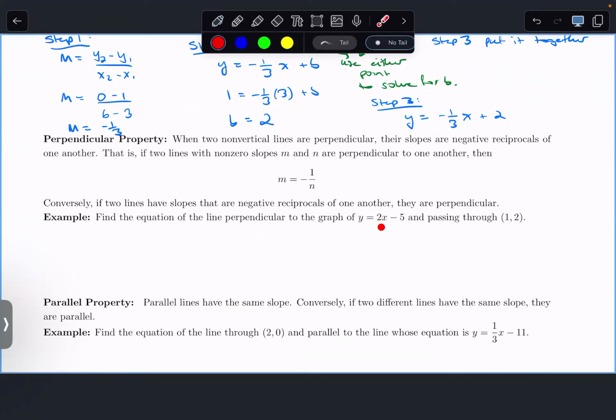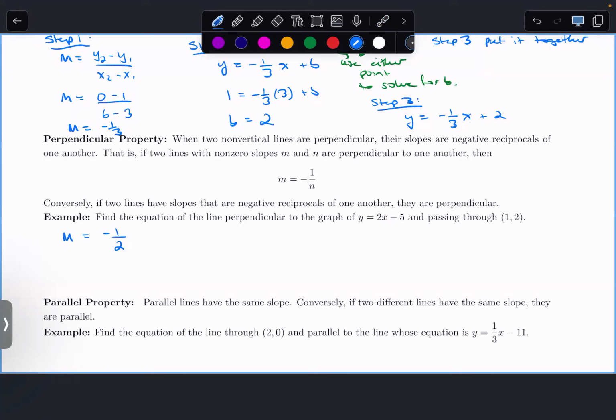In this case, y equals 2x minus 5 is my original line. And if it has to be perpendicular, I'm going to start with the slope, just like I did up here, right? And so then the slope must be negative 1 over 2, right?